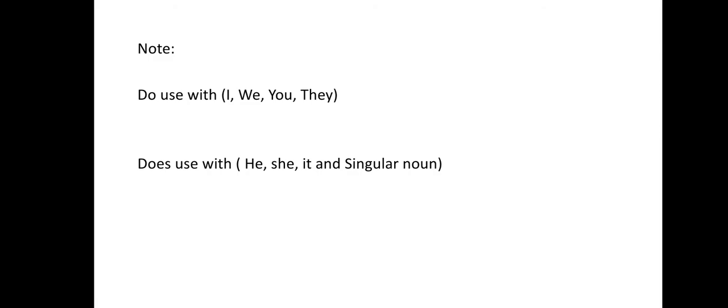They all carry do, and only the third person singular or any singular noun carries does. So this is the main point in the structure of present simple tense. Does applies with he, she, it, or any singular noun, and do with the rest.